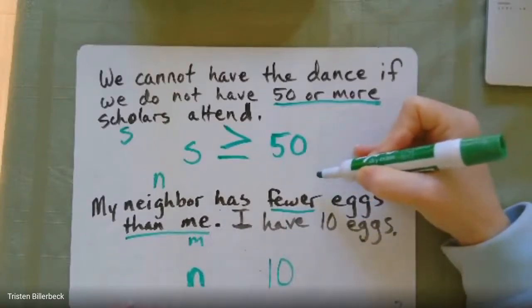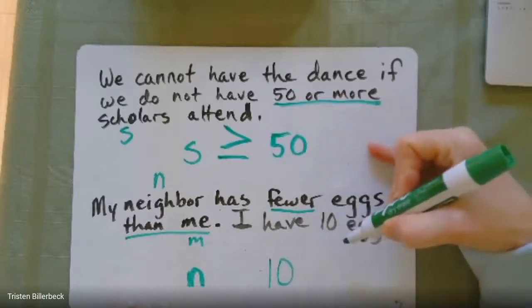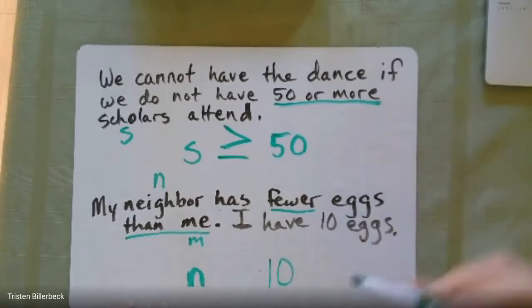So could my neighbor have 8 eggs? Is that fewer than my 10 eggs? Yes. So could my neighbor have 20 eggs? Is that fewer than my 10 eggs? No. So we're going to put N is less than. So this says my neighbor has less eggs than me.